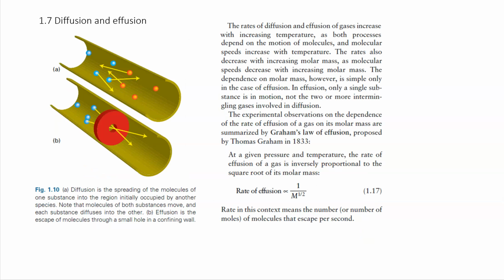So that's it for Maxwell's distribution. We're going to move on to the concepts of diffusion and effusion. But I think I'm going to cut this off here and upload this first video, make it a little bit digestible. I think at this point everyone's pretty saturated.